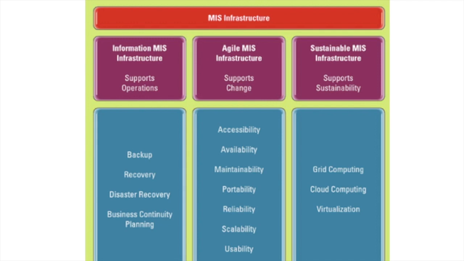Next is support sustainability. When all the information has been screened, it will be stored in cloud computing and also grid computing. This will ensure that the business can be sustained and the database cannot be hacked or manipulated by outsiders.